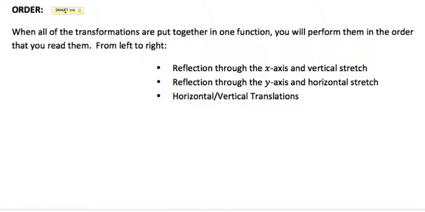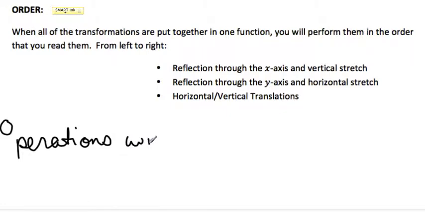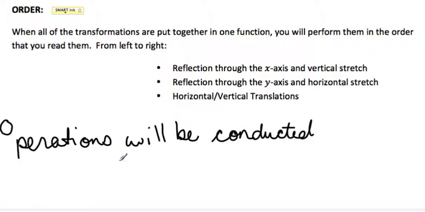So the operations will be conducted from left to right.